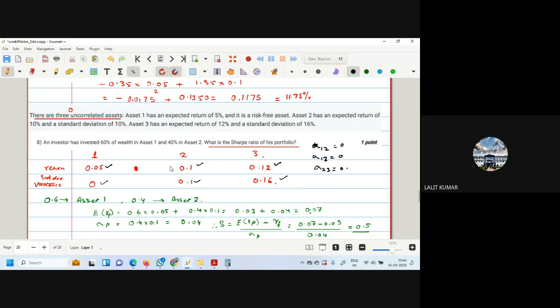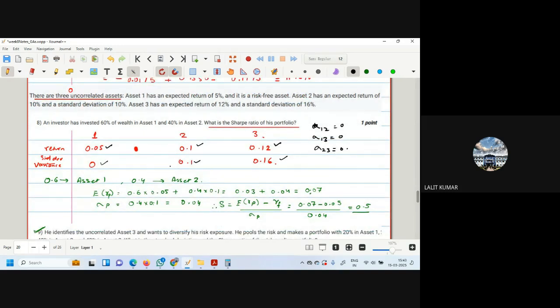So an investor has invested 60% of wealth in asset 1, 40% in asset 2. What is the Sharpe ratio of this portfolio? So how to go about it? We know that Sharpe ratio is equal to the expected total return from that portfolio minus RF divided by the standard deviation of that portfolio.